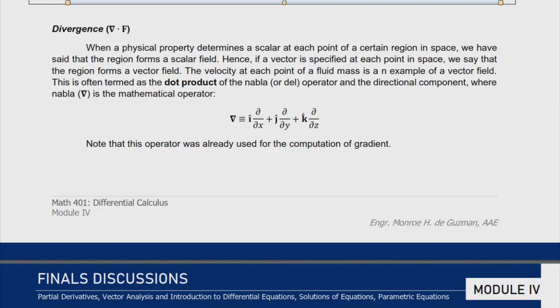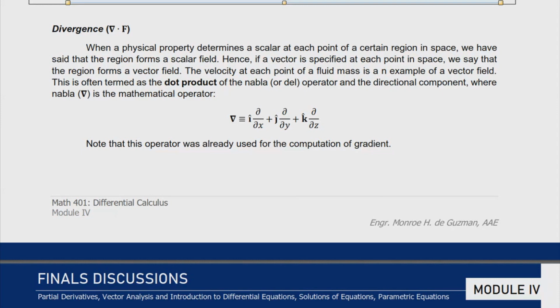If we have, for example, this fluid mass, and we want to determine the component at each point, then we could say that it will form a vector field. That's why, from the scalar quantity that we have in divergence, we take the dot product using the nabla operator of any vector function or any vector quantity, and then we'll be able to get a scalar function.